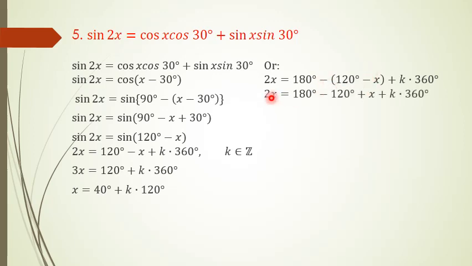So we have 2x equal to 180 degrees minus 120 degrees plus x plus k times 360. Then taking plus x across to the left and subtracting here, we obtain x equal to 60 degrees plus k times 360 degrees.